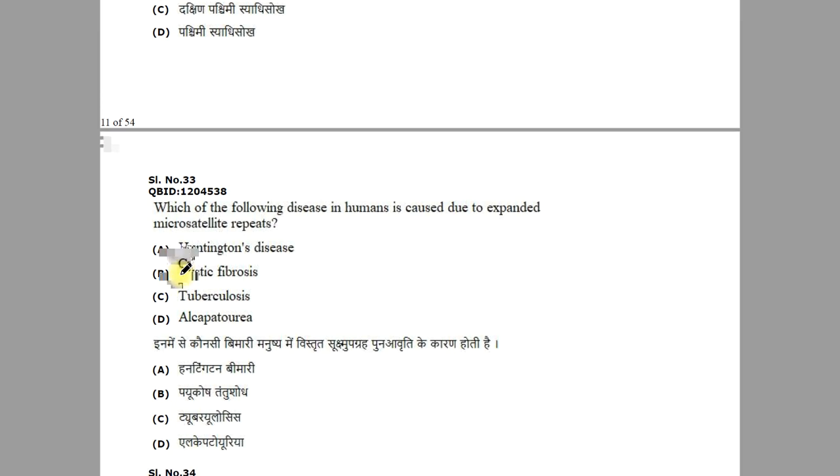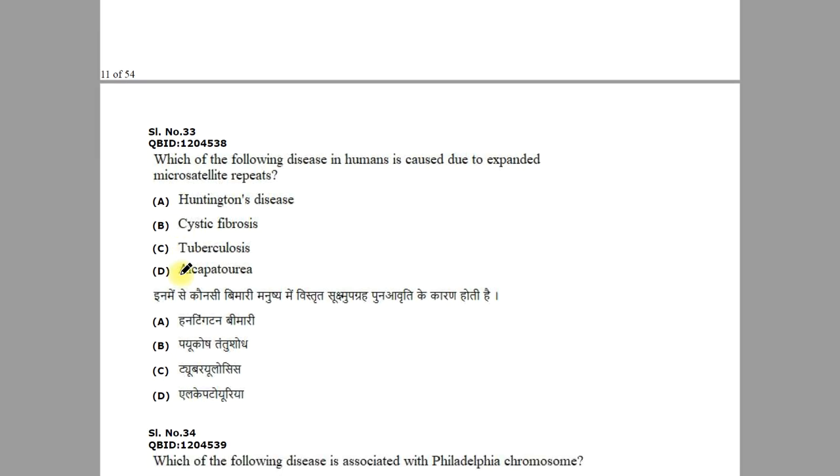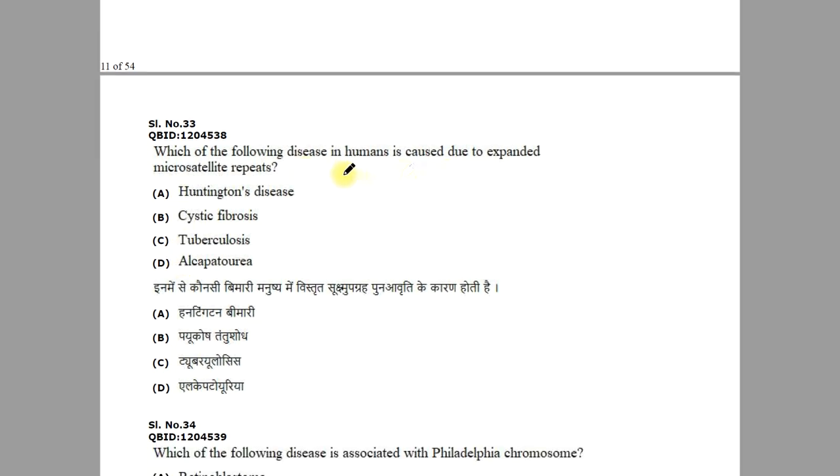Question number 33. Which of the following diseases in humans is caused due to expanded microsatellite repeats? Option A, Huntington disease, B, cystic fibrosis, C, tuberculosis, and D is alkaptonuria. Here option A, Huntington disease, is correct.